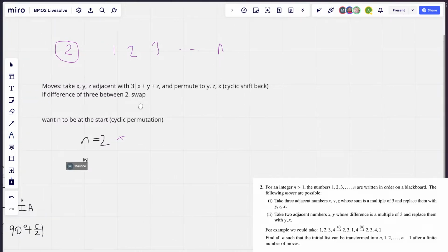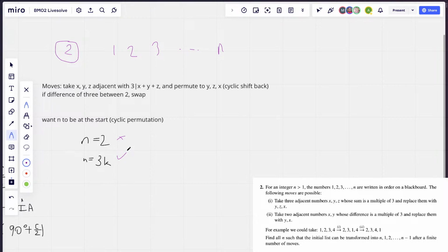N equals 3, we're done, because we do 1, 2, 3 goes cyclically to 2, 3, 1. Any multiple of 3, we're done.